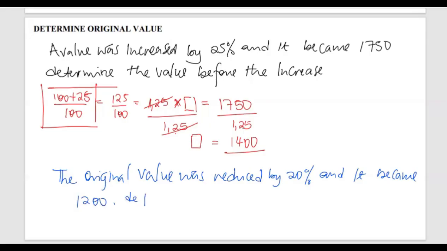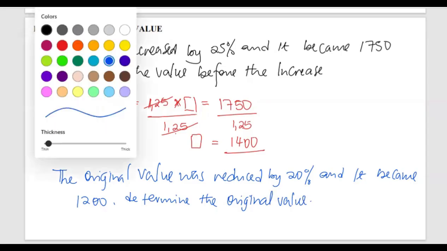So determine the original value. Simply meaning, we shall use the same method.